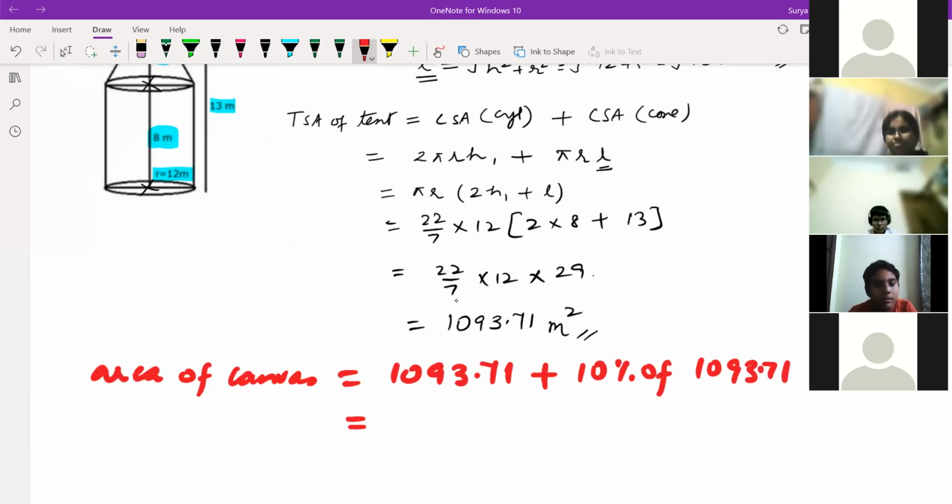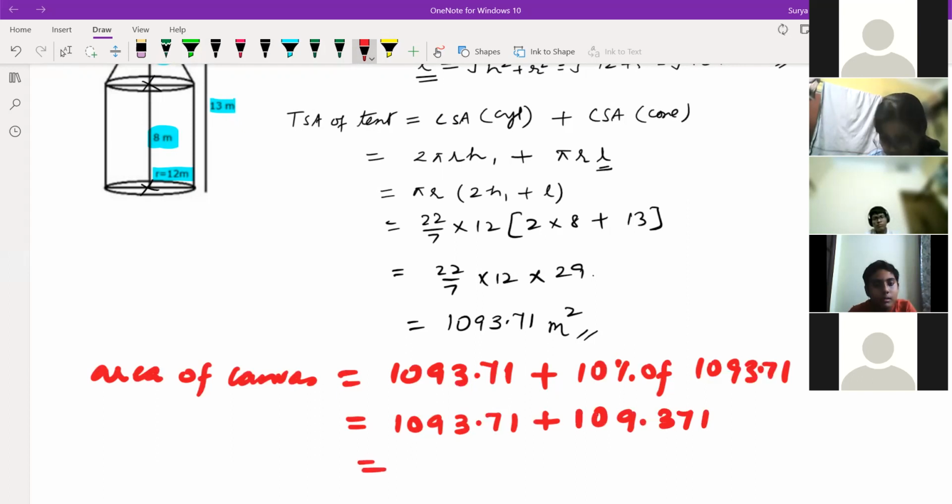Children, 10% always, you know that, 1 by 10. This point you shift over here, only one point you shift, and you will get the answer. So what we can write here, 109.371. You can add and get the answer. Okay, children? 10% and all will be very easy.